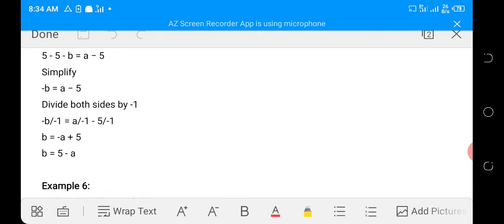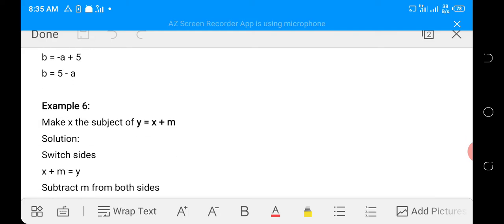Minus b over minus 1 will give us b, because minus over minus is plus. Then a over minus 1 will give us minus a, and minus 5 over minus 1 will give us plus 5. When this is rearranged, we have b is equal to 5 minus a, which is the subject of the formula.